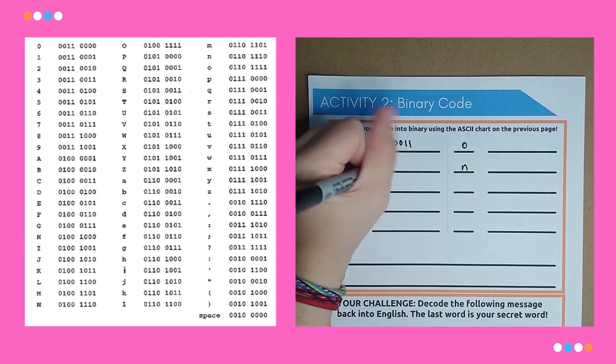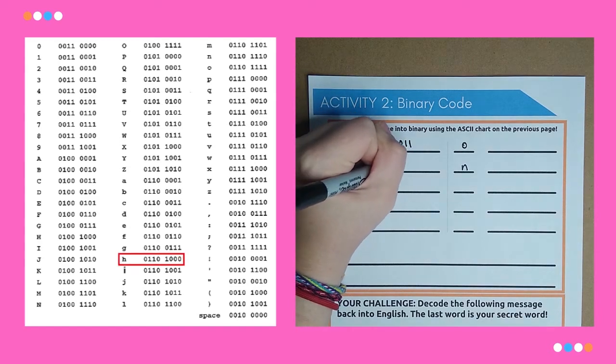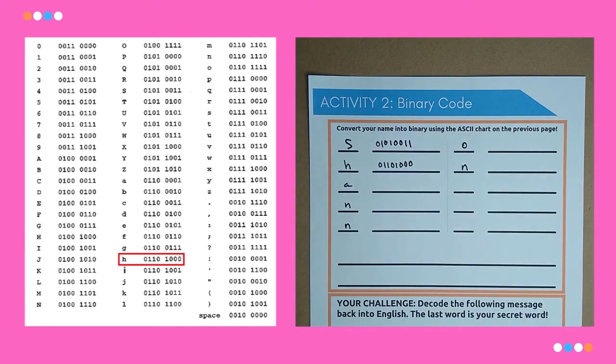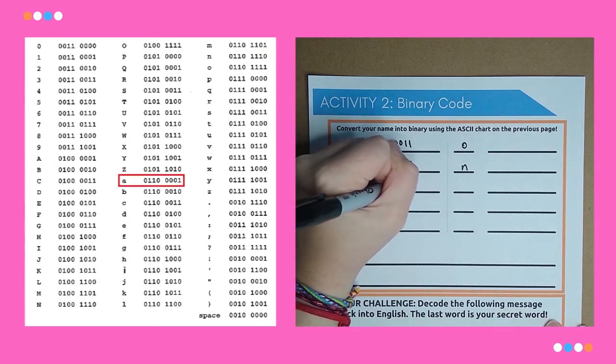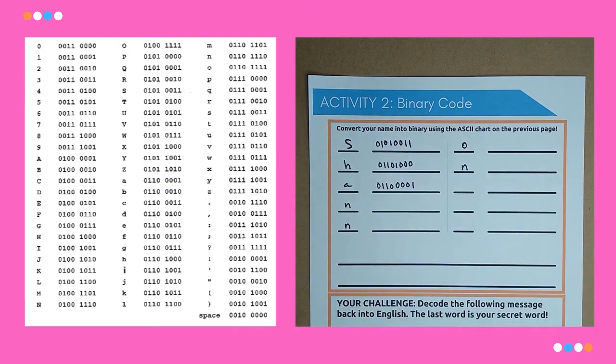Next, we have a lowercase h, which is here, 01101000. Lowercase a is here, 01100001. There are 3 lowercase n's in my name, so I can write them all at the same time.